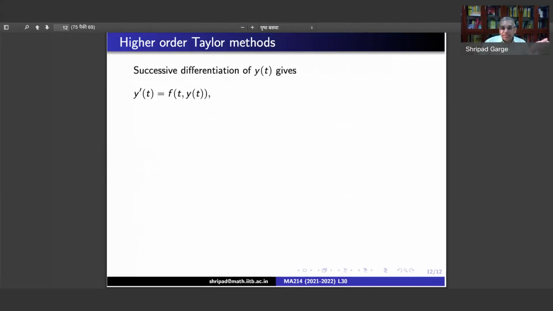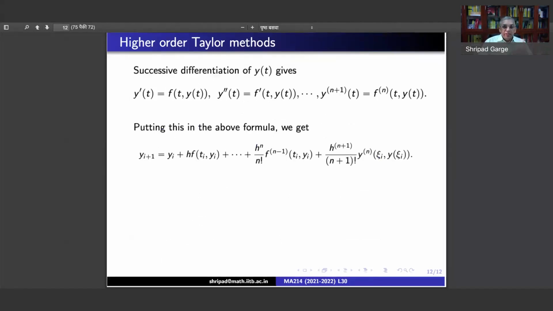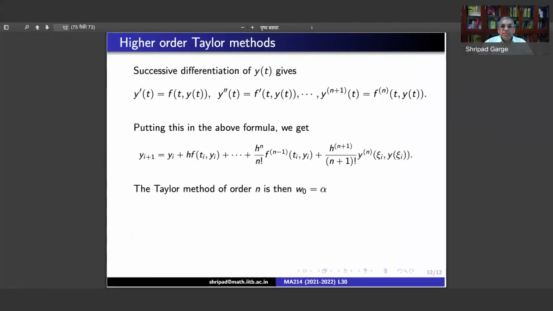So let me at least tell you now how these derivatives are going to be computed. y prime t is f of t, y(t), y double prime t is f prime of t, y(t), and so on up to the n+1th derivative of the function y being the nth derivative of f. But these are the derivatives with respect to t. Okay, so once you have this, we can put all these values of various derivatives of y as certain derivatives of f, and this is the formula we get. And the Taylor method of order n is then the initial approximation being alpha and the i+1th approximation being w_{i+1} = w_i + h f(t_i, w_i) + ... + h^n/n! times the (n-1)th derivative of the function f at (t_i, w_i).